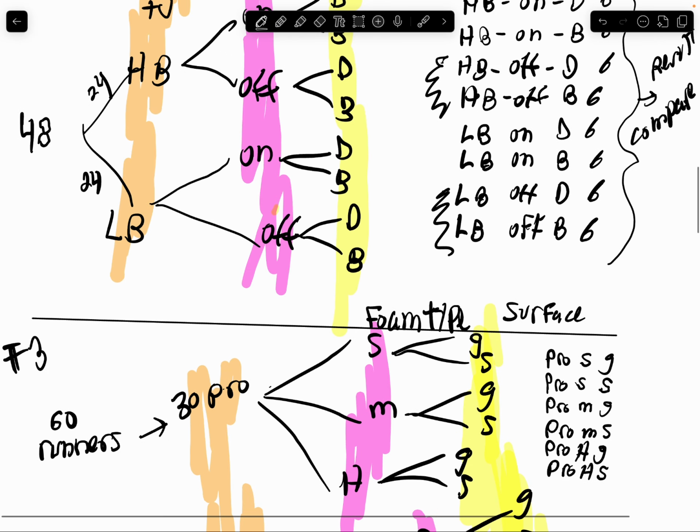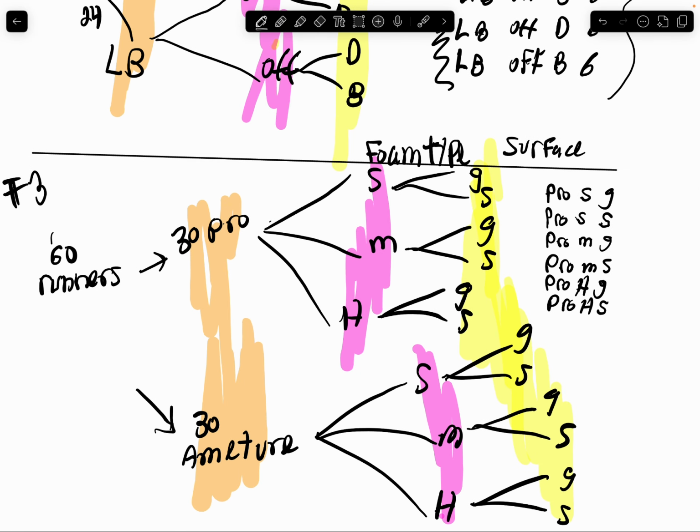Okay? The next picture is the 60 runners, problem number 3. We're dividing them up, 30 of them pro, 30 of them amateur, or close to it. If you had 29 and 31, it wouldn't really be horrible, okay? But you'd like to get it close to that so you can do this.